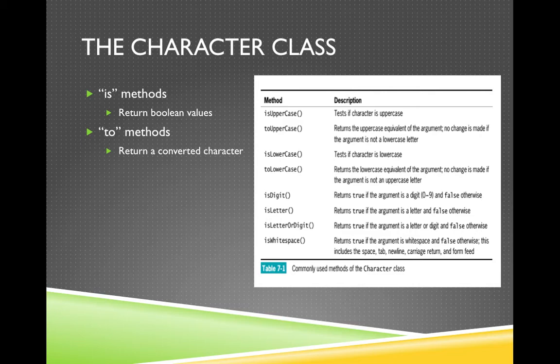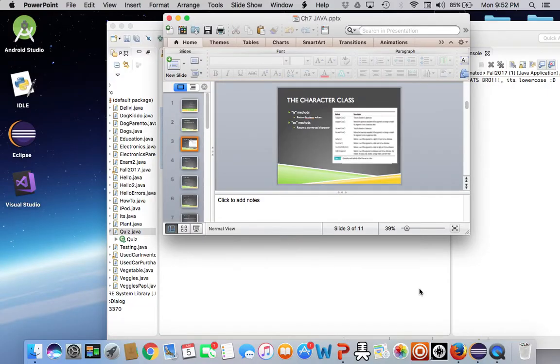Is methods are is methods, to methods are to methods. They all do the same thing, it just depends on how you are specifying it to get done. So I'll go over is digit and is letter, and then we'll do the remaining methods.